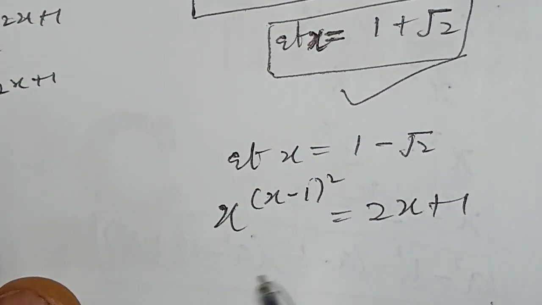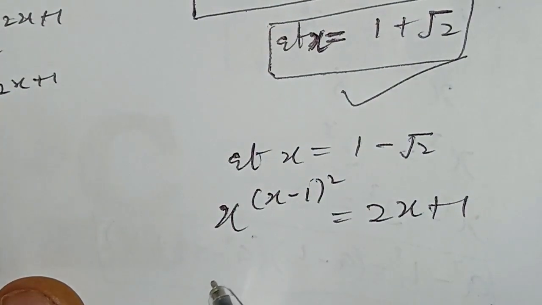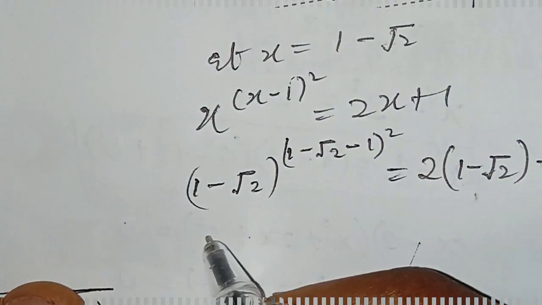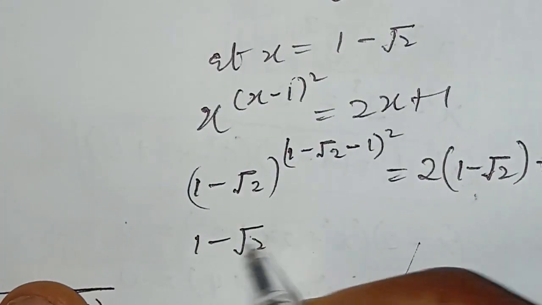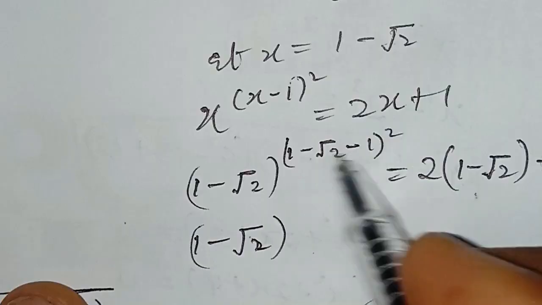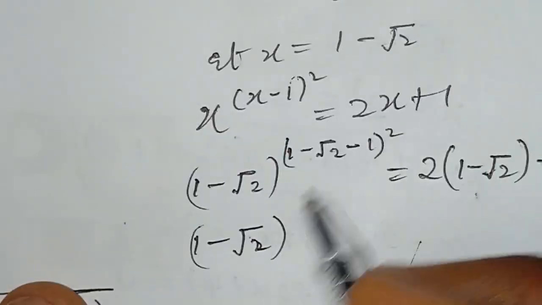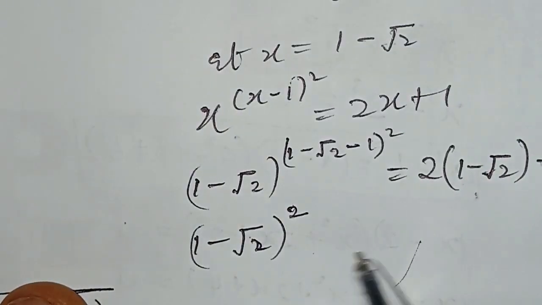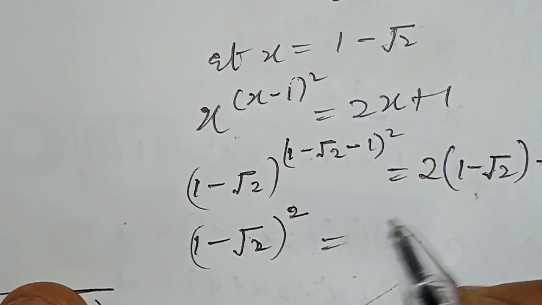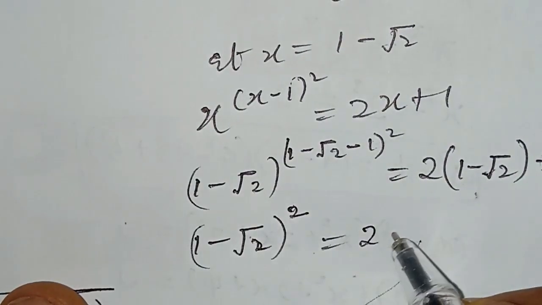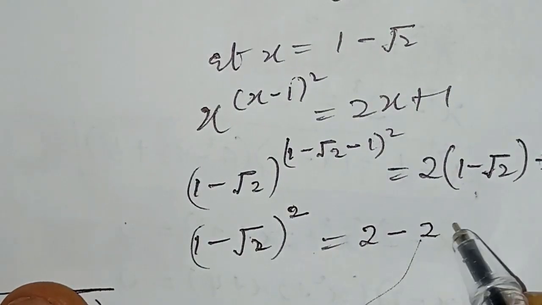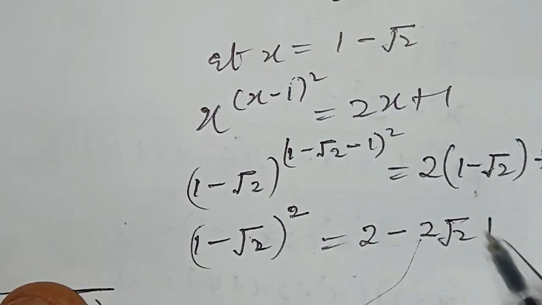So we also have that 1 minus the square root of 2 into brackets. This over here becomes to the power of 2, which is equal to, multiplying this, we have 2 minus 2 square root 2 plus 1.